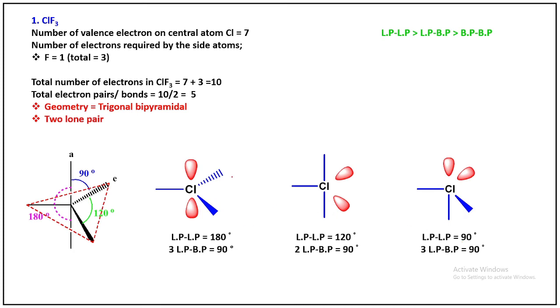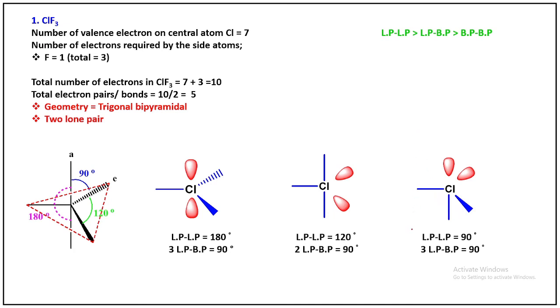Now we also have to consider lone pair-bond pair repulsion. In the first case, there are 3 lone pair-bond pair interactions situated at 90 degrees. In the second structure, there are 2 lone pair-bond pair interactions at 90 degrees, and in the third case, there are 3 lone pair-bond pair interactions.